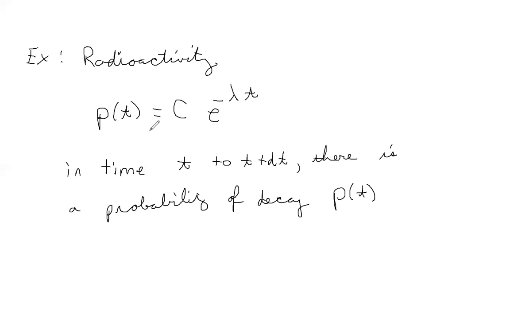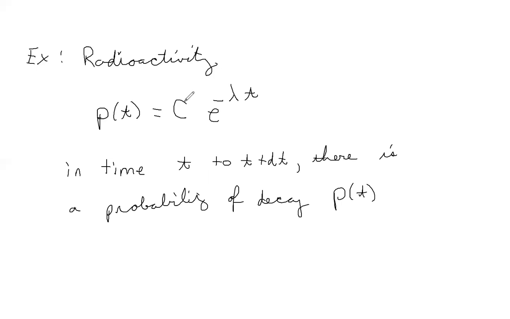So P of t tells you the probability that a little unstable element explodes in the time window t to t plus dt. All right, so that's the interpretation of it.